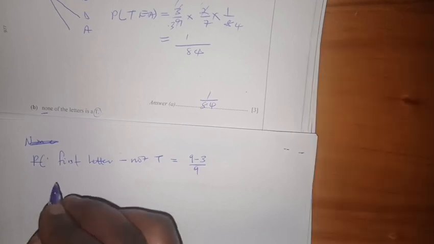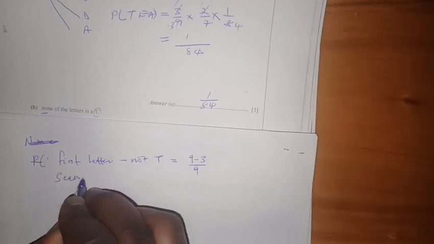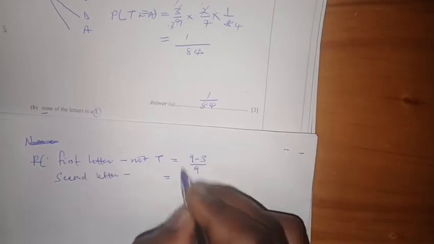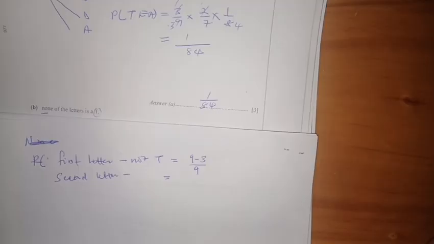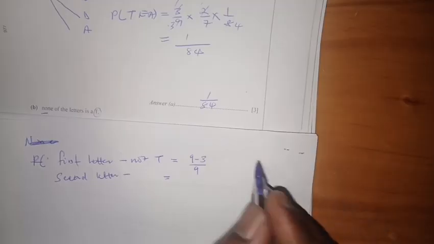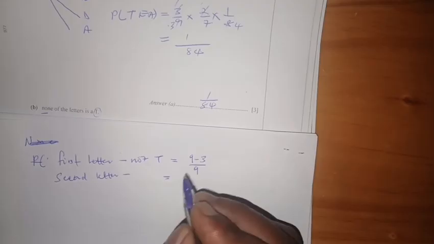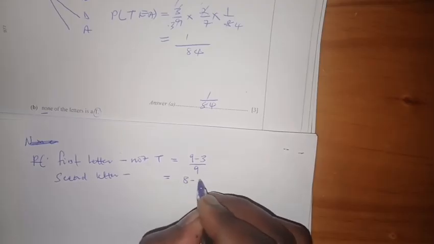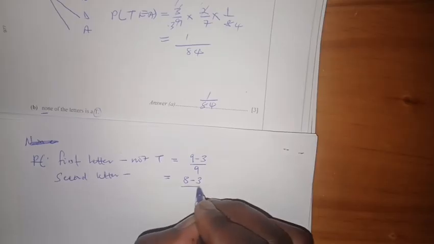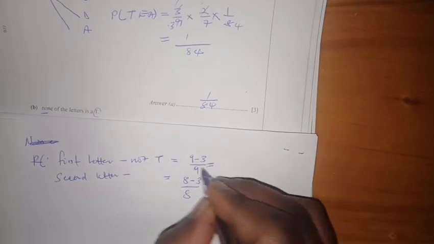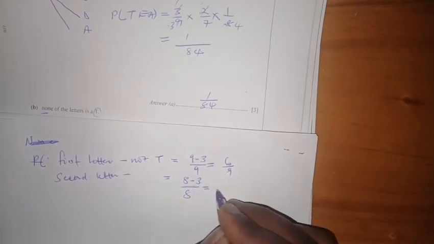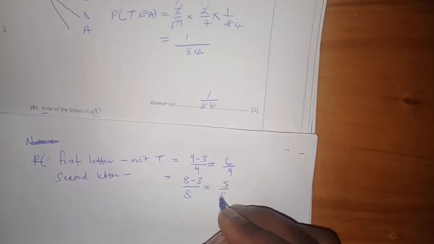Now for the second letter, 1 letter is already gone, and what we know is that it's not T. So it's going to be a total of 8 letters, still with 3 T's, so 8 minus 3 over 8. Let's simplify: 9 minus 3 is 6 over 9, then 8 minus 3 is 5 over 8.